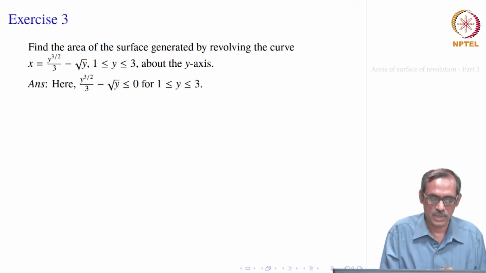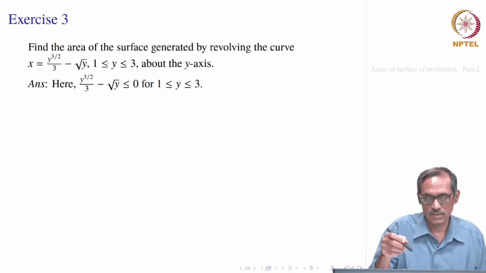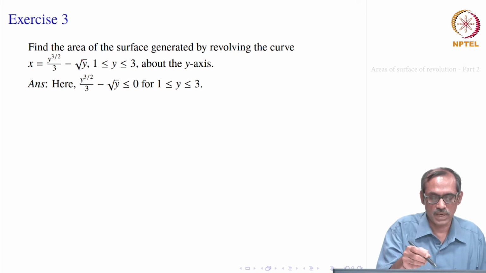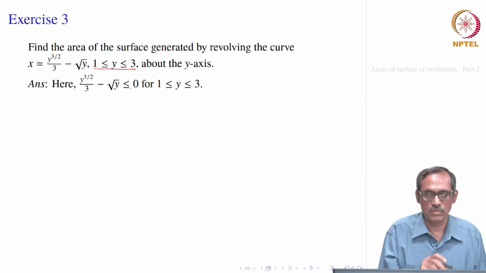So, let us compute here, and we just verify one thing, that the curve should lie above the x axis. That means it should be greater than or equal to 0. But here, y to the power 3 by 2 by 3, when y varies from 1 to 3, is less than or equal to root y.